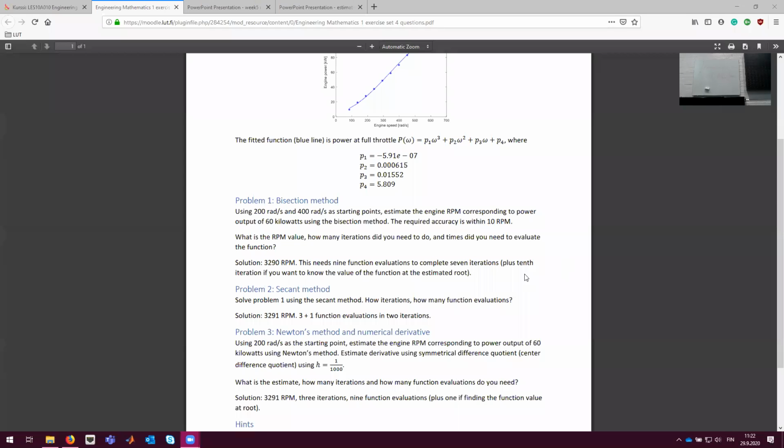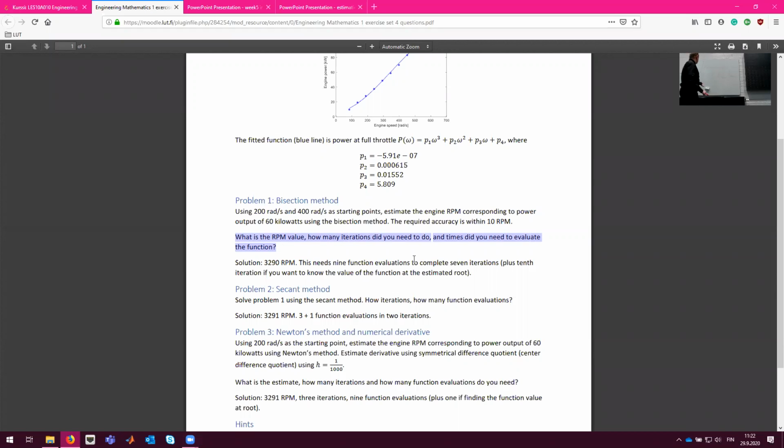So what the questions were: what are the RPM values, how many iterations do we need, and how many times do you need to evaluate the function. So let's have some function as an example of application of this method.